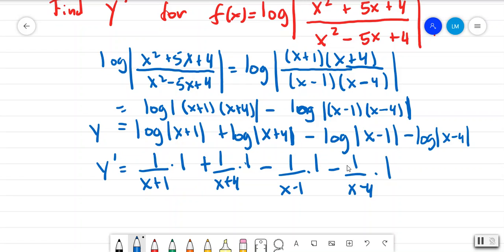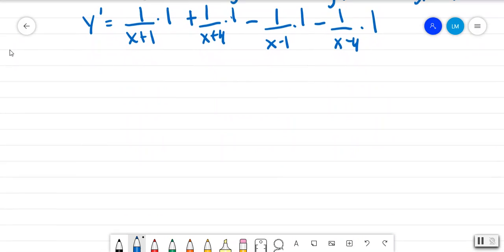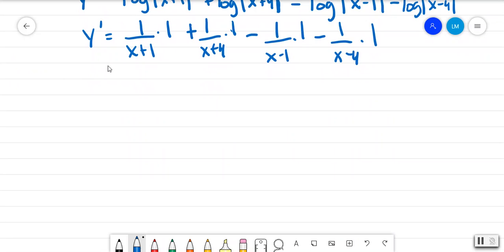Now, this is all the derivative in that case, but there is one thing that we're missing. This whole thing has to be multiplied by 1 over the natural log of 10.